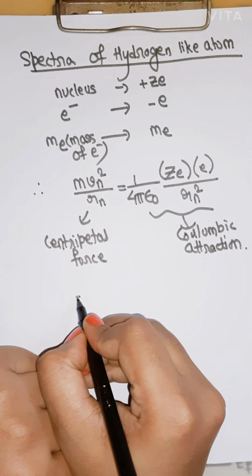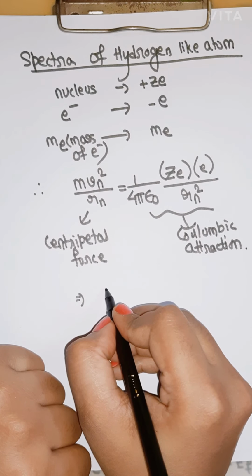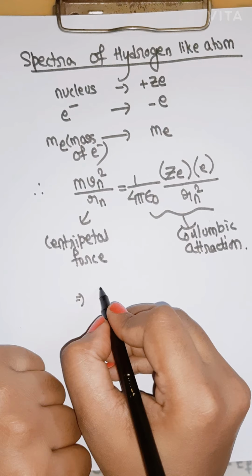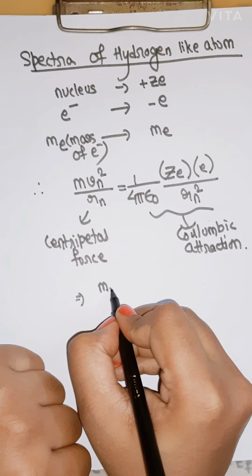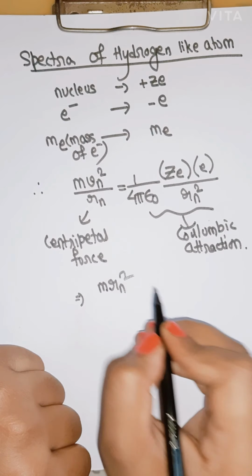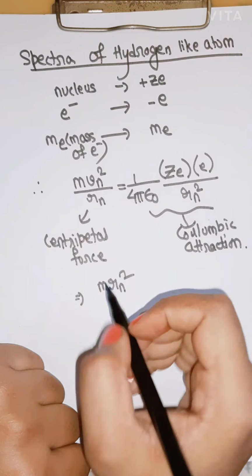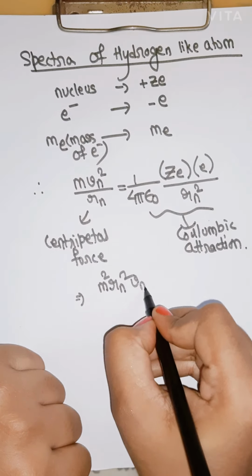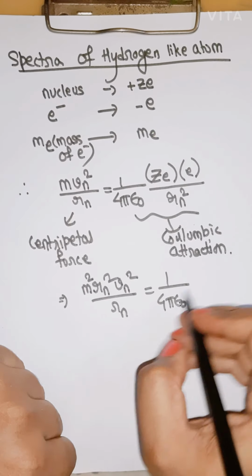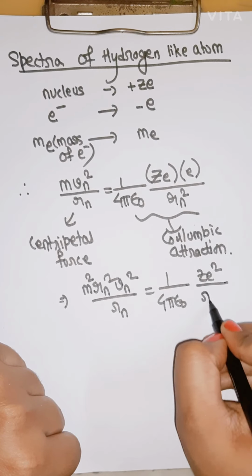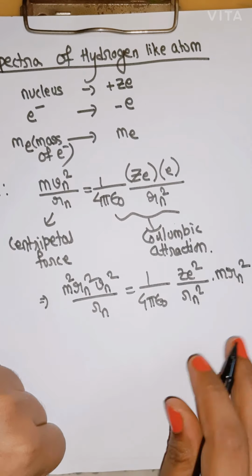From here, if we calculate, both sides can be multiplied by m rn square, so m square rn square vn square by rn equals 1 by 4 pi epsilon naught Z e square by rn square, multiplied by m rn square.